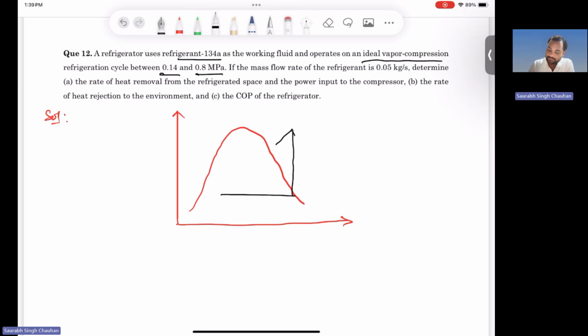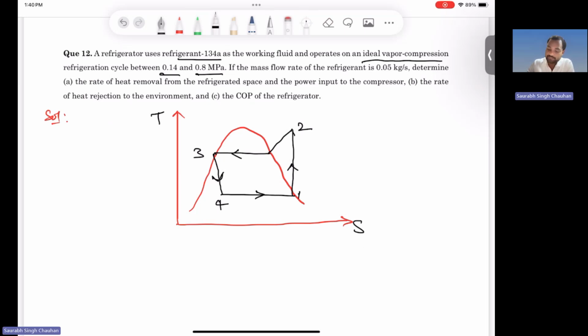So the ideal vapor compression refrigeration cycle. This is the TS diagram.